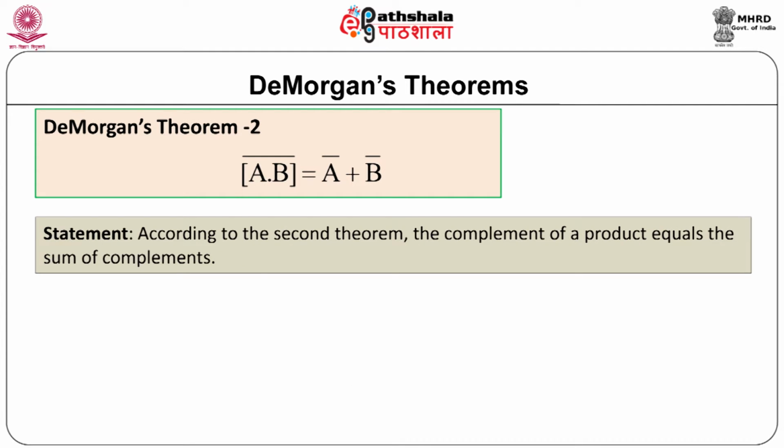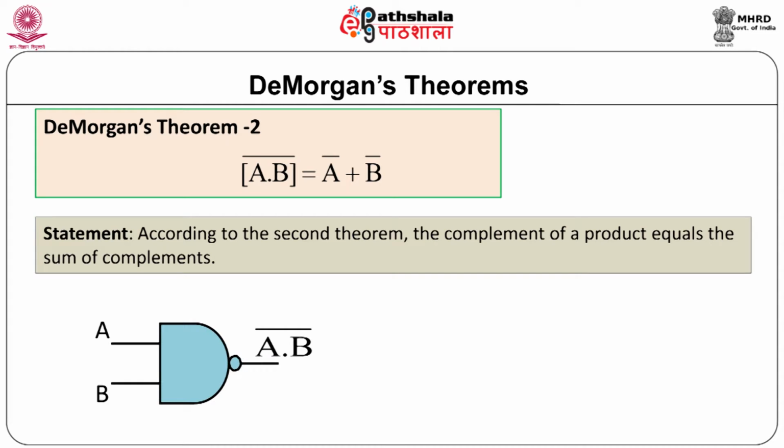Let us now study the second De Morgan's theorem. According to the second theorem, the complement of product equals the sum of complements. Let us see how this theorem can be implemented using logic gates.